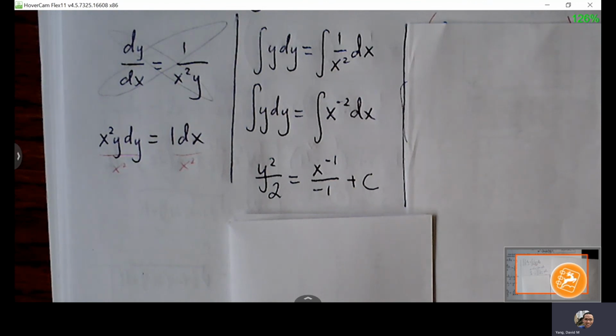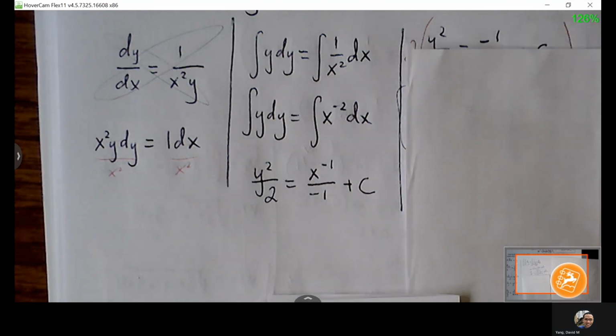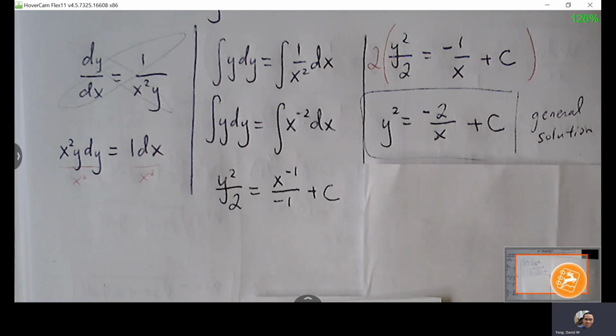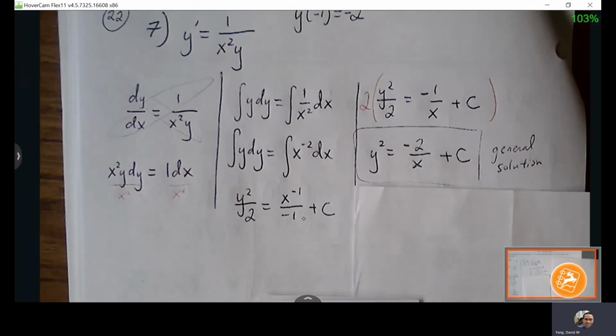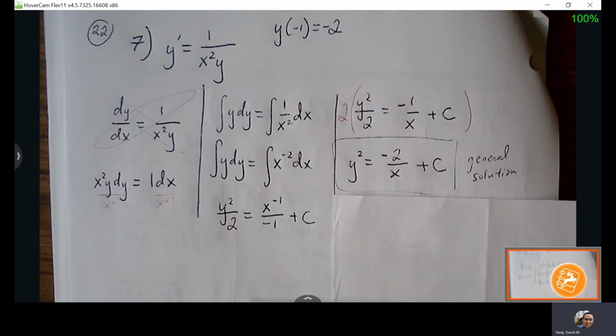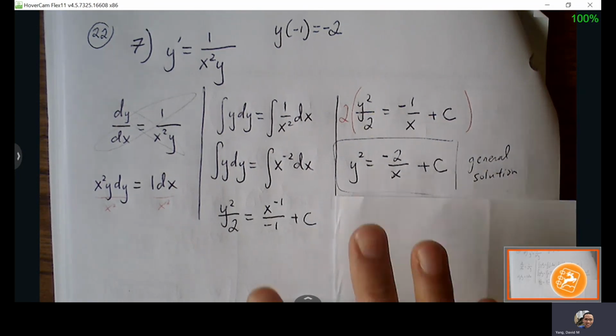If I get that y squared by itself, I can box that off and give it a general solution name, and then I can move to the next step. Okay, so there's my general solution. Okay, so now you can work in your ordered pair.